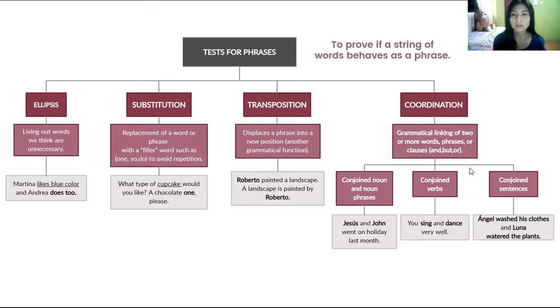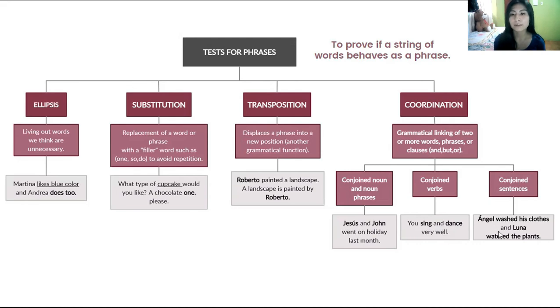Okay, and the second one is conjoined verbs. In this case, for example, we have you sing and dance very well. In this case, the and is linking two verbs, sing and dance. And finally, we have conjoined sentences.